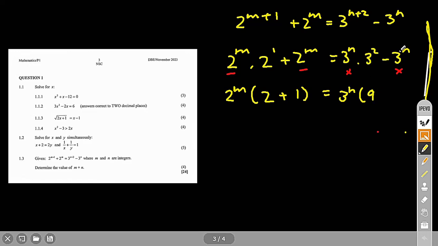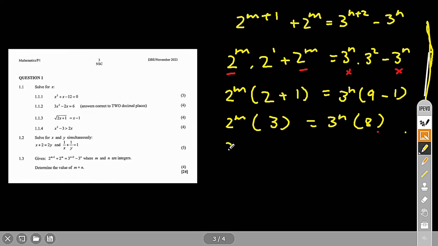Or we can write it like this, the same. Minus, if you take out 3n, you'll be left with 1. So the final answer here is 2m, this is 3, equals to 3n minus 8.